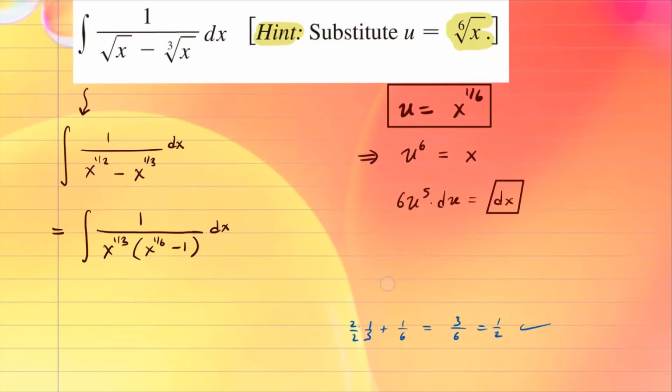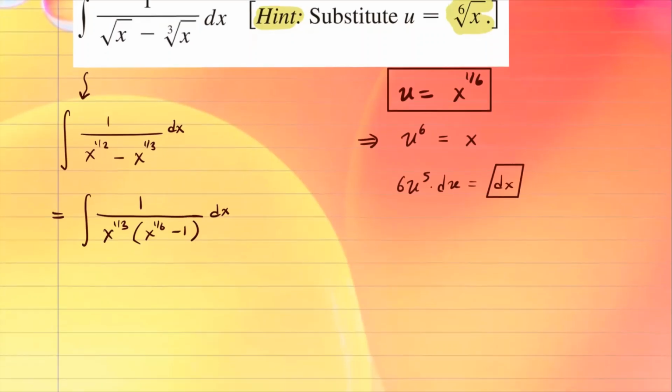We double checked everything. Now, here's when you're going to replace everything in terms of this new variable, u. But before that, I'm going to have to rewrite this term one more time because it doesn't appear to be x to the 1/6. So I want x to the 1/6 to appear there, and I'm just going to force it to look like this.